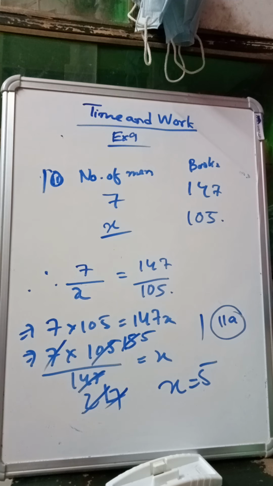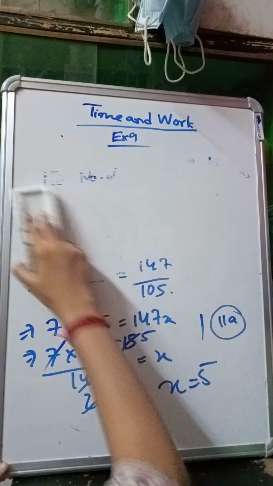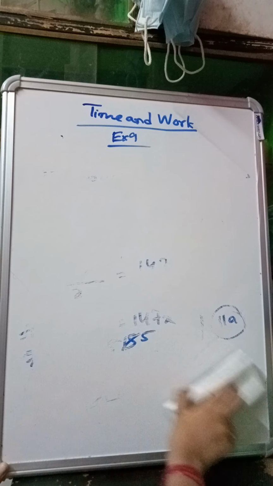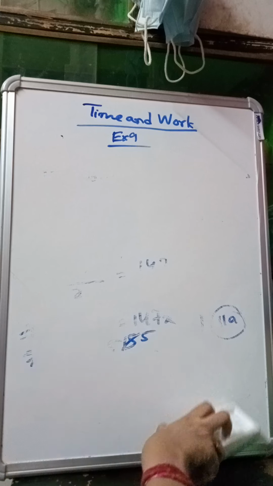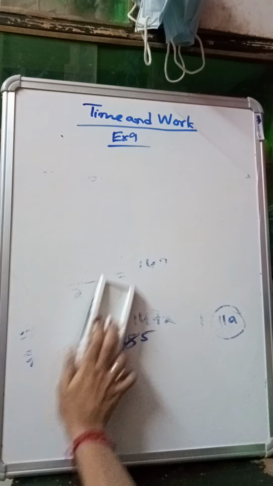Okay, now let's move on to MCQ number 5. In MCQ number 5 it has been said that if 1/3 part of a work is done, then the part remaining to do is. Okay, so 1/3 of the part is done.